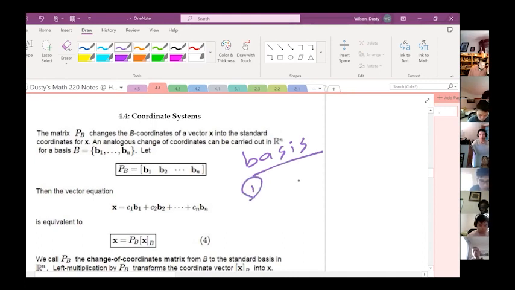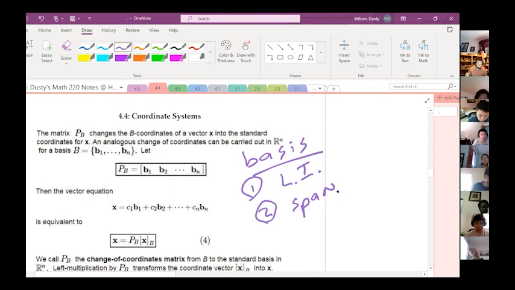Characteristic 1, they are linearly independent. And characteristic number 2, they span the space. And so once we have a basis in hand, we can talk about the coordinates of a point, of a vector, of whatever this thing is in the vector space, with respect to the given basis.